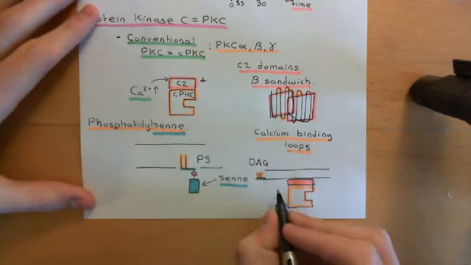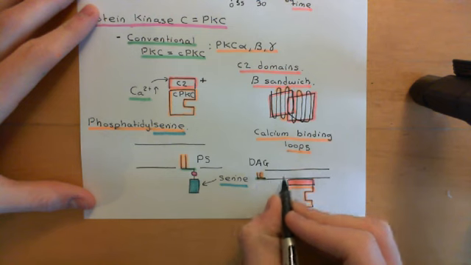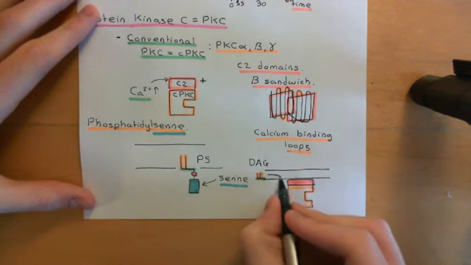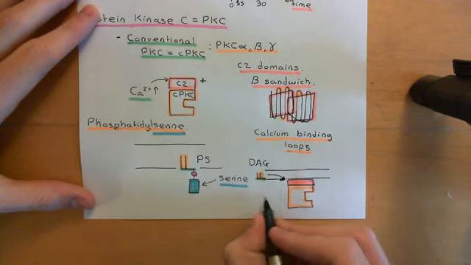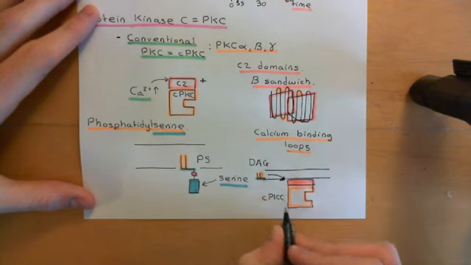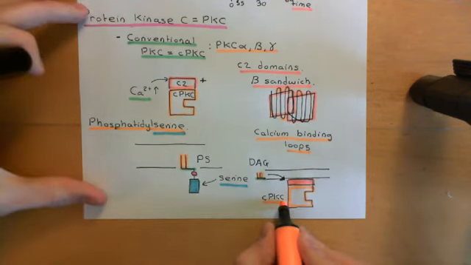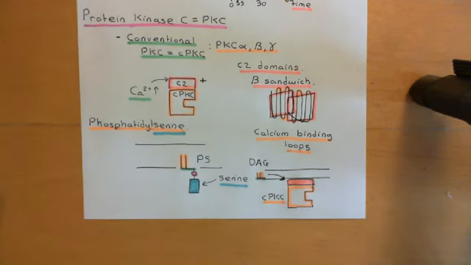And diacylglycerol that's now in the phospholipid bilayer when we activated those phospholipase C enzymes, that is the other essential ingredient for activating these conventional protein kinase Cs. So if you like, the calcium signal translocates the conventional protein kinase C up to the underside of the phospholipid bilayer so that then diacylglycerol can do the activation, basically.